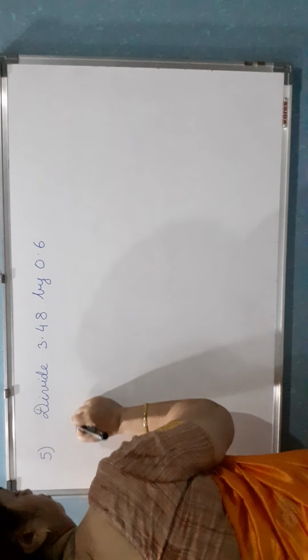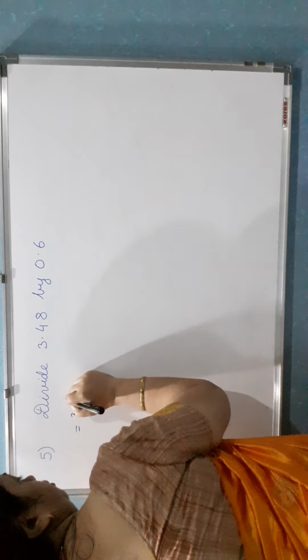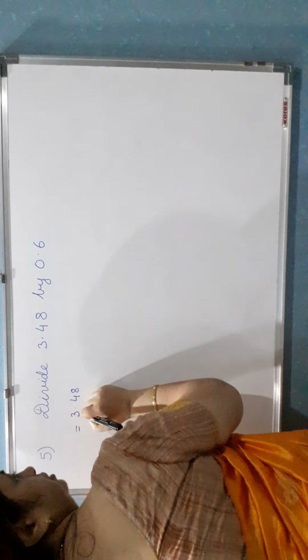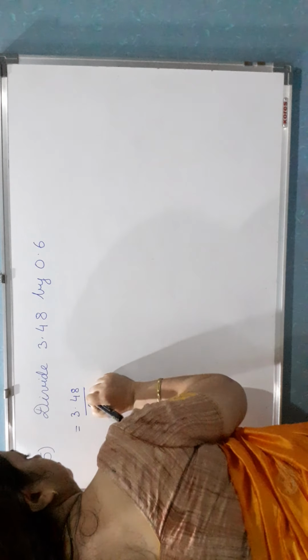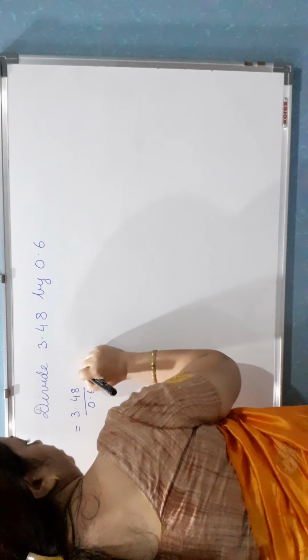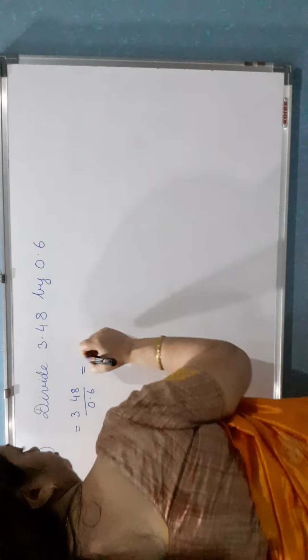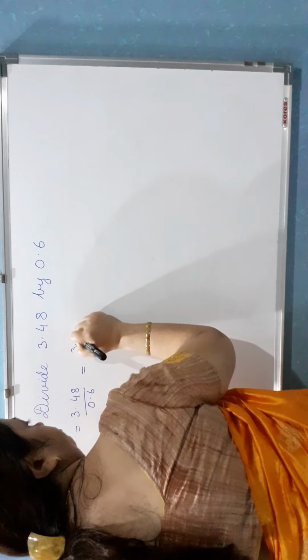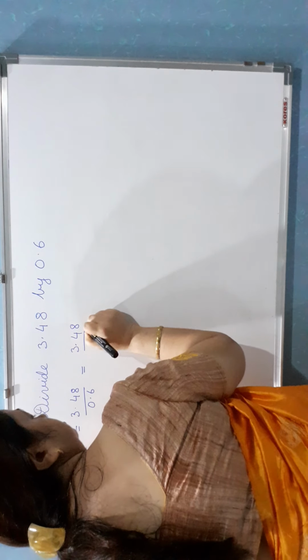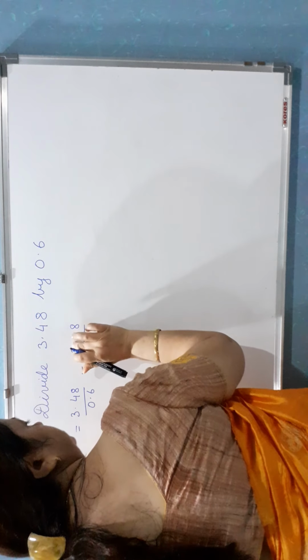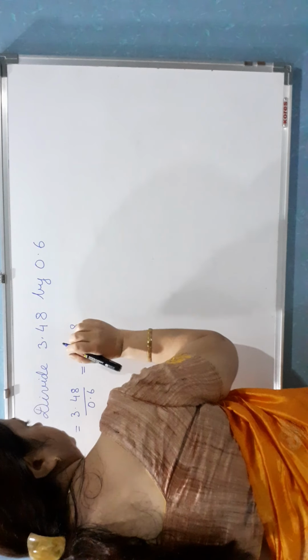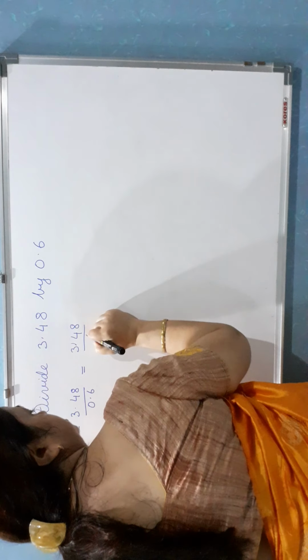So what will you do? First 3.48 and 0.6. Okay, you have to cancel both these decimal points. So 3.48, sorry, cancel this one, no decimal is here, and 6.